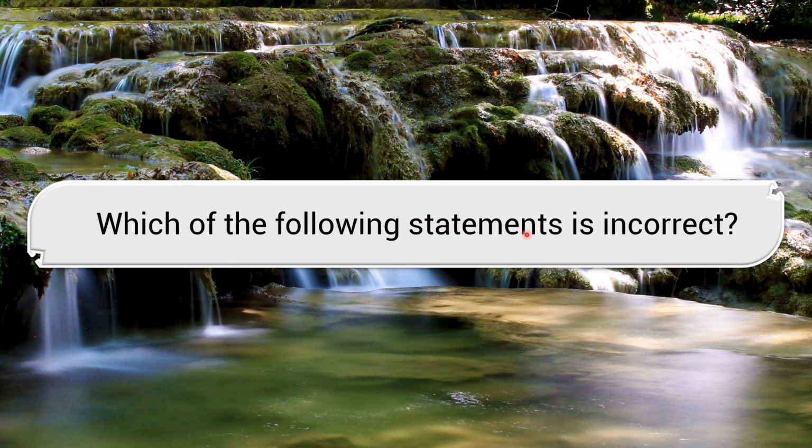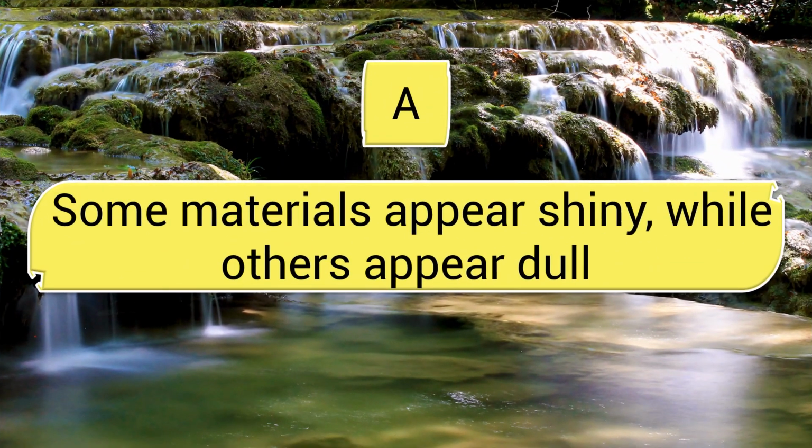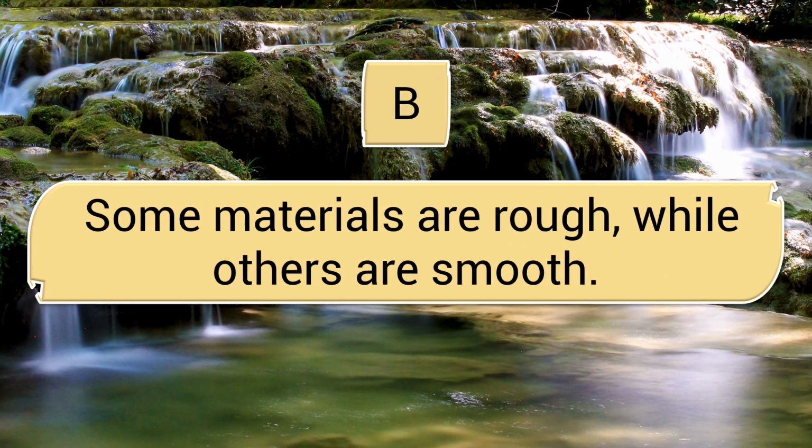Which of the following statements is incorrect? Some materials appear shiny while others appear dull. Some materials are rough while others are smooth.